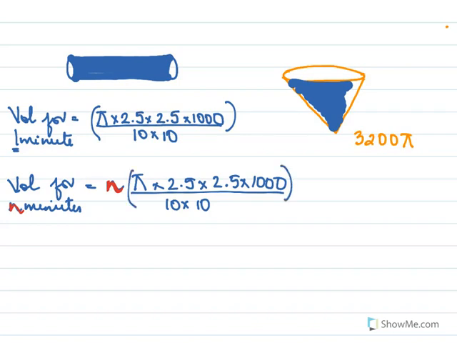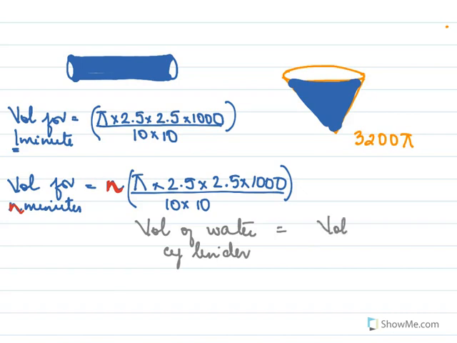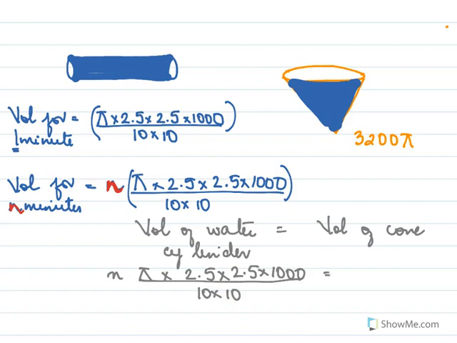Now all this water gets poured from the cylinder into this cone. So I can say the volume of water from the cylinder equals the volume of the cone. The cylinder volume for n minutes is n pi into 2.5 into 2.5 into 1000 over 10 into 10, which equals 3200 pi.